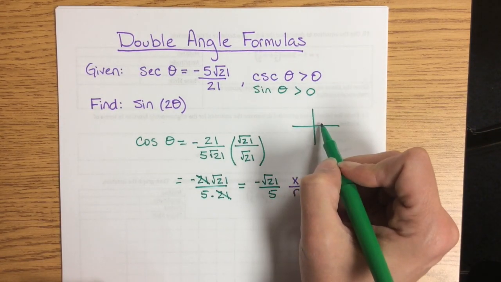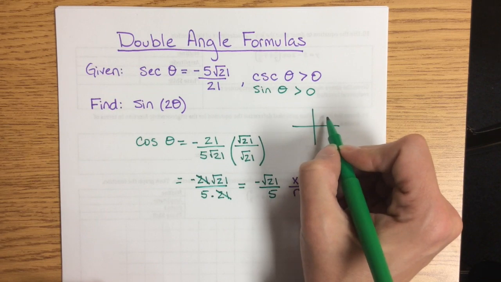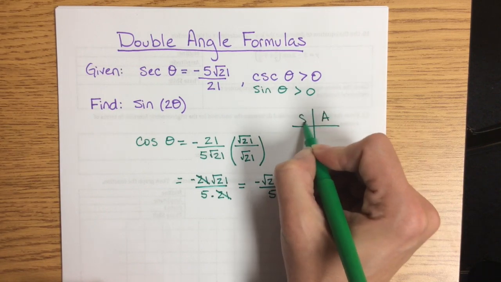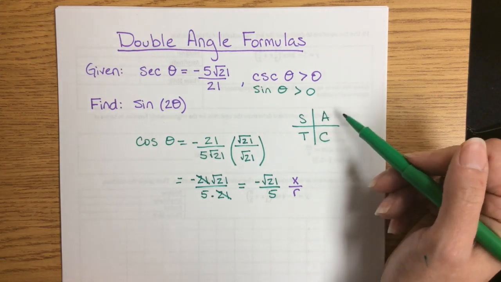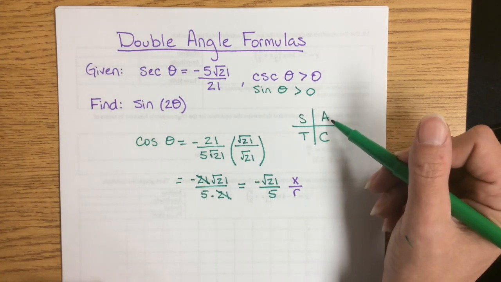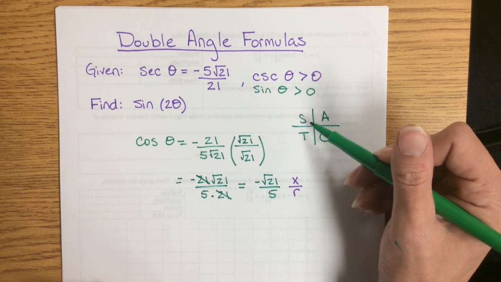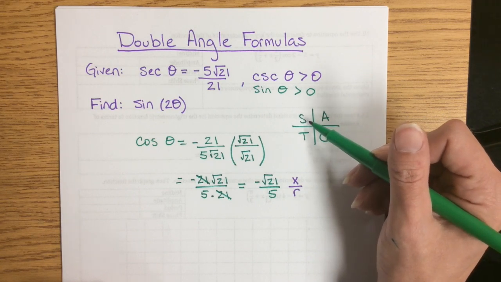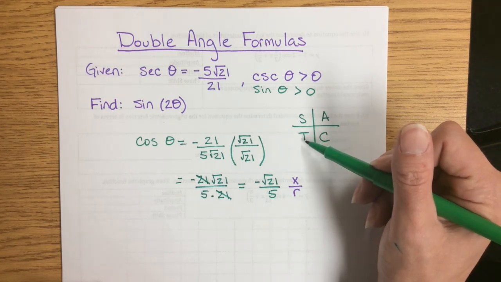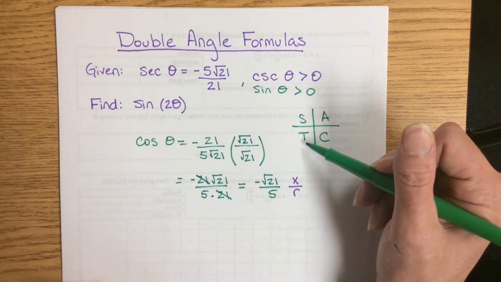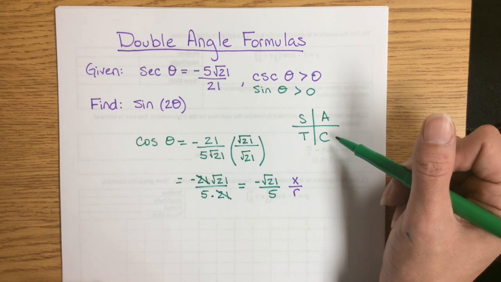In quadrant 1, everything is positive. Remember this, All Students Take Calculus, a memory thing that helps you. In quadrant 1, all is positive. In quadrant 2, only sine and its reciprocal cosecant are positive. In quadrant 3, tangent and its reciprocal are the only things positive. And in quadrant 4, cosine and its reciprocal are the only things that are positive.